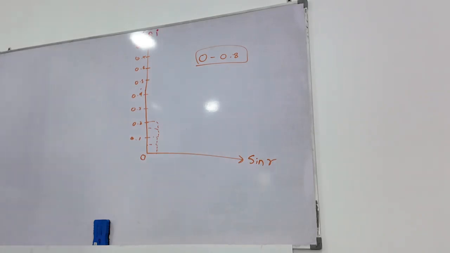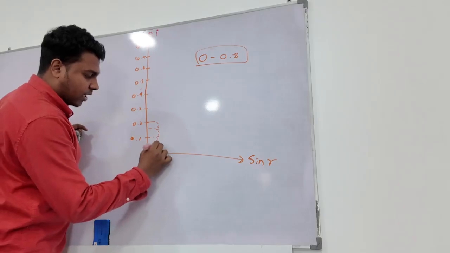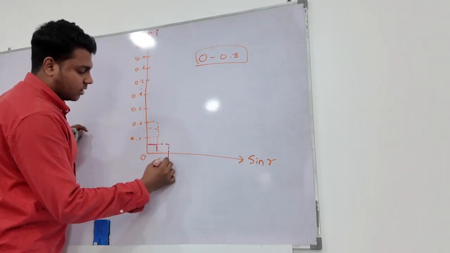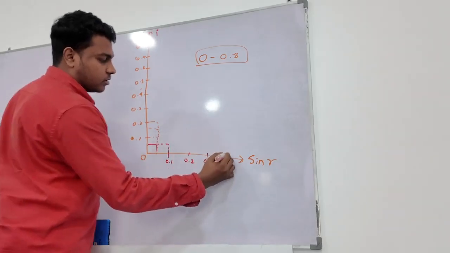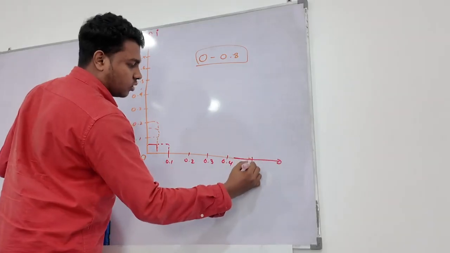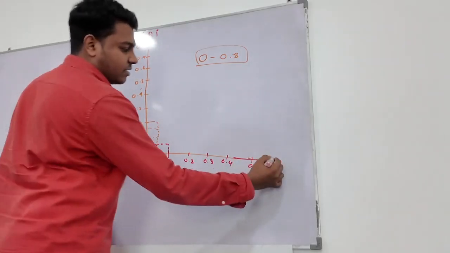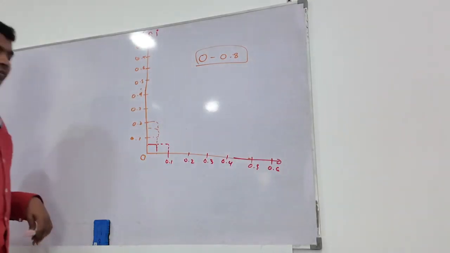Roughly 12, right? Here also you can use the same scale. For two small squares, you can take 0.1, 0.2, 0.3, 0.4, 0.5, and once you write 0.6, the graph will be over.